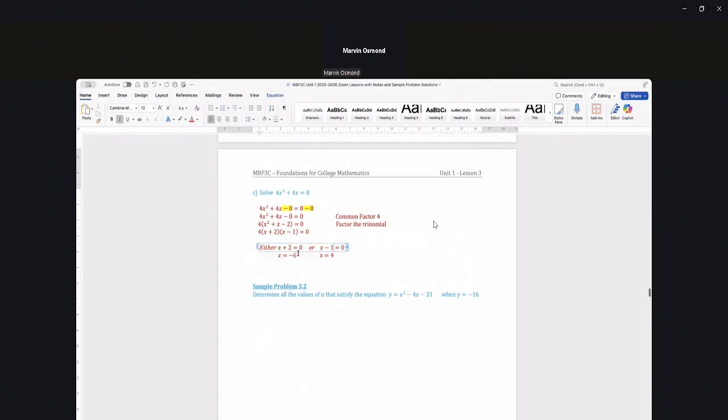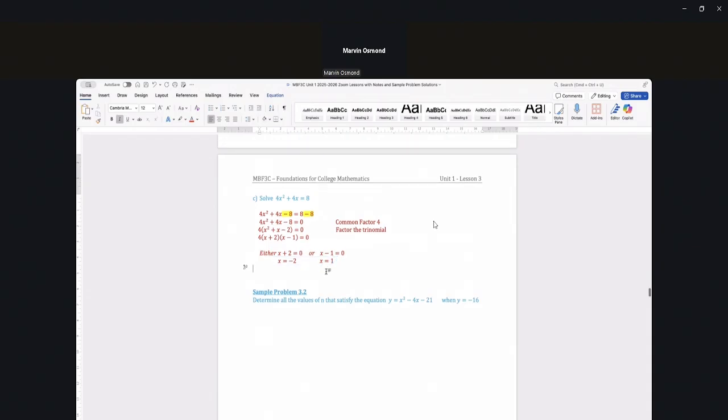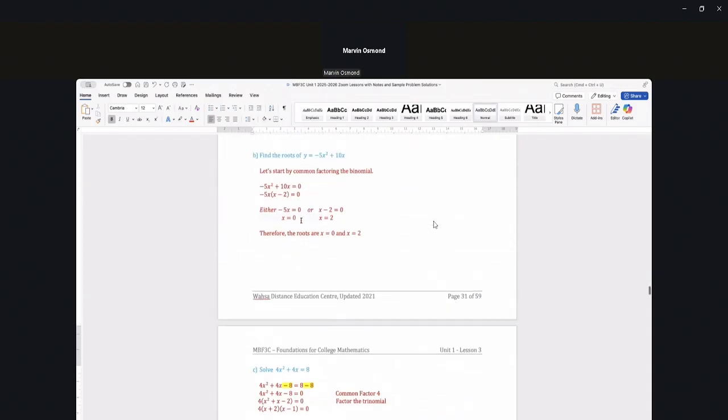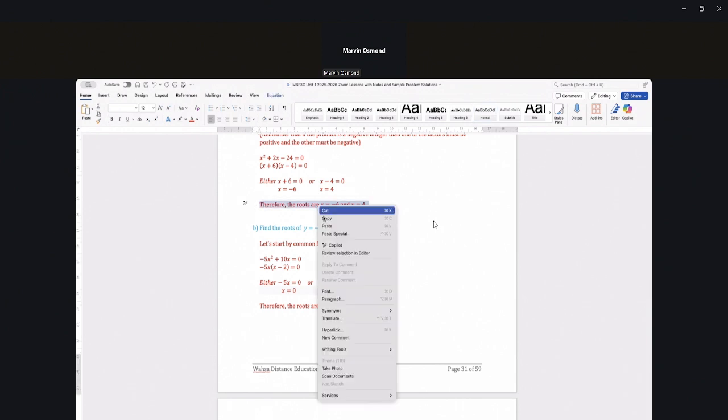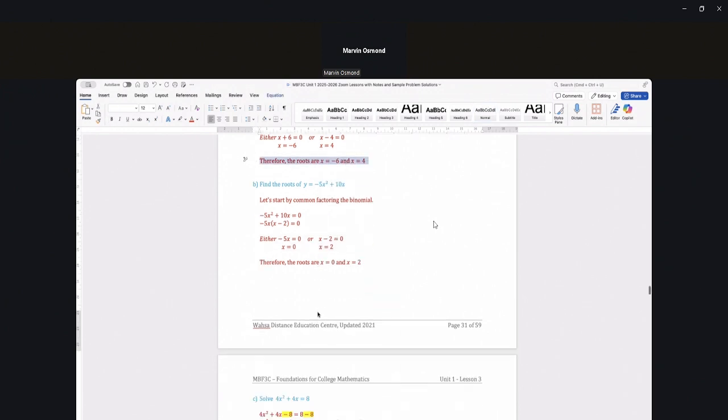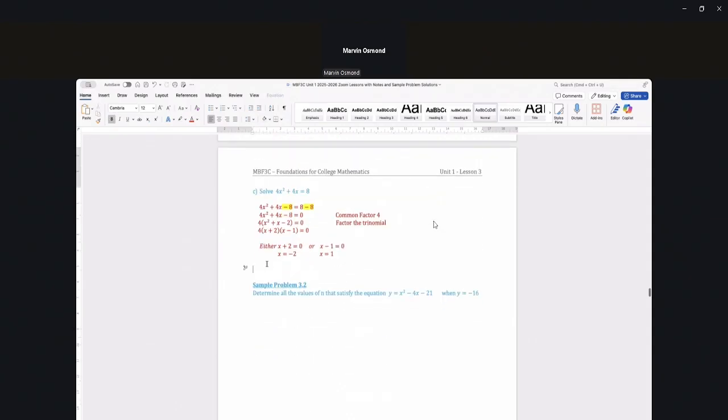If x plus 2 is equal to 0, x must be negative 2. And if x minus 1 is equal to 0, x has to be 1. So those are my two roots, or the two x-intercepts, or the two zeros. However you want to say it, it doesn't really matter. We usually say the roots are x equals negative 2 and x equals positive 1.